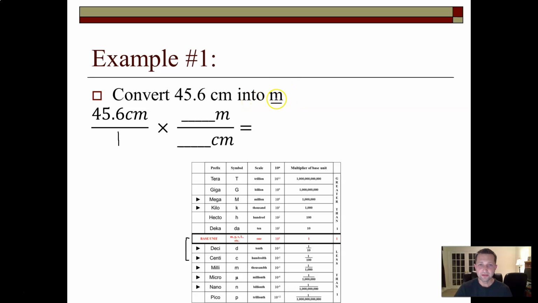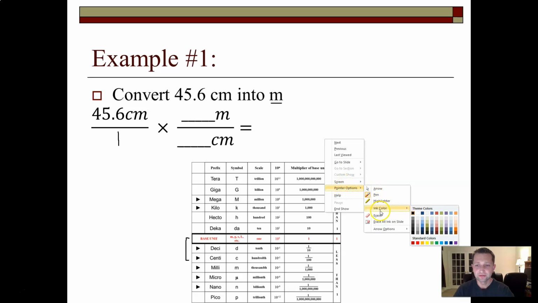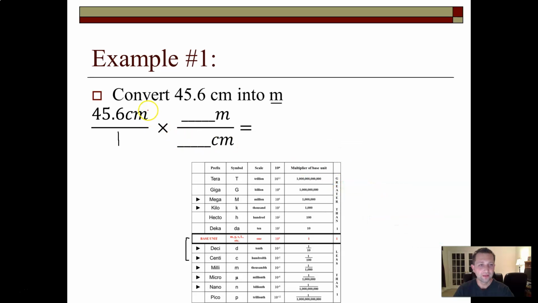Anytime you have a base unit in your problem with no prefix, notice how there's no prefix on this, you can easily do that part of the problem in one step. So notice what happens here. Centimeters cancels out. Centimeters is up top, and it's here on the bottom. So what unit are we left with? We're left with meters. That's good.